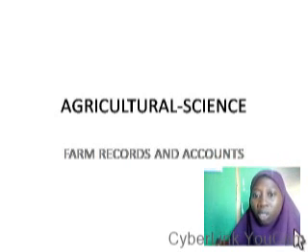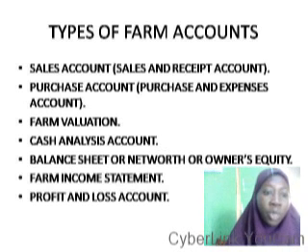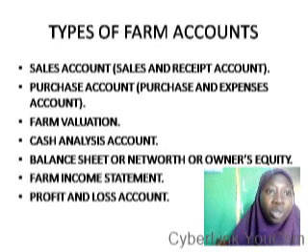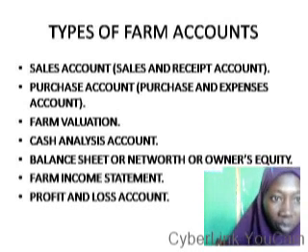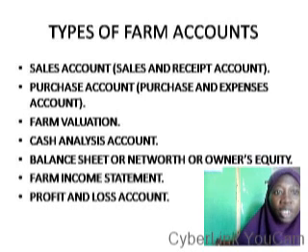We have been able to look at parts of the farm account, and those ones we have looked at earlier. They are the sales account, which we also call the sales and receipt account, and this shows the sales of items sold on the farm and their details. These details include the dates such an item was sold, the quantity, the unit price, and the total price for each of those items.